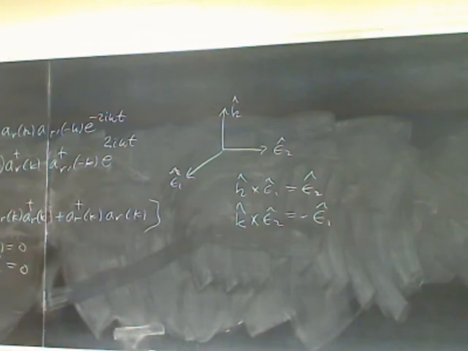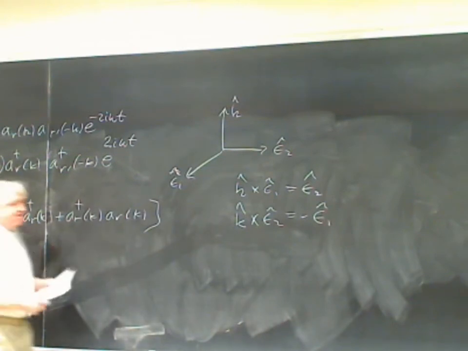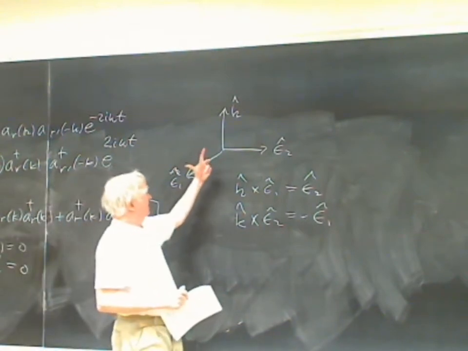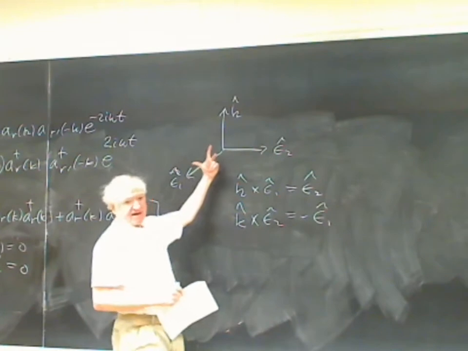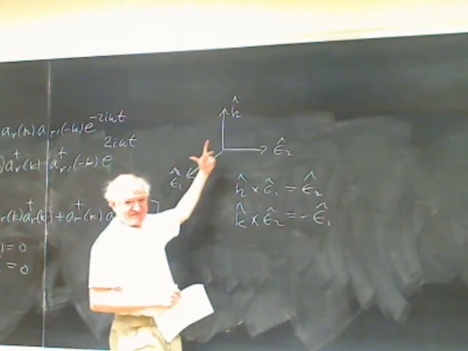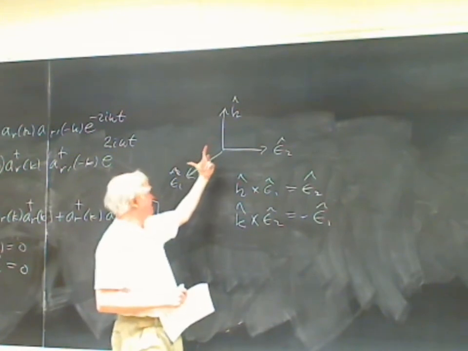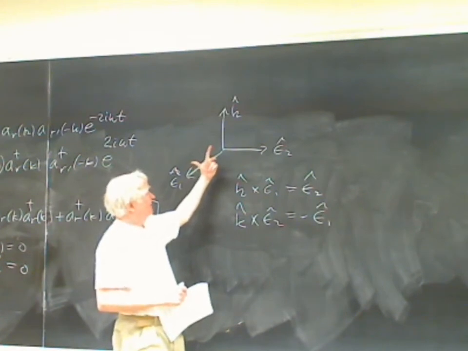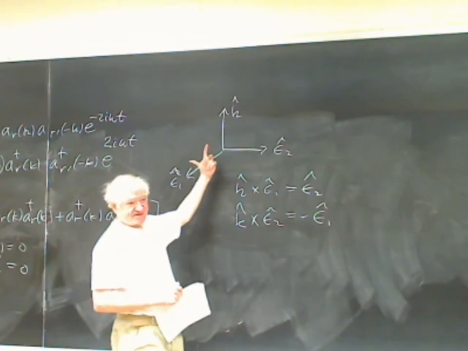Okay. But we have to deal with these minus k's. And so now what you do is you take this triplet here, and let's keep track. 1 is my, of course this is the left hand. I hope this works with left hand. 1 is my thumb, 2 is my big finger, and my index finger is the vector k.